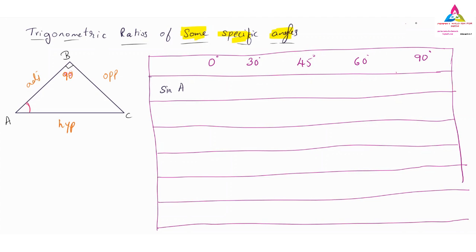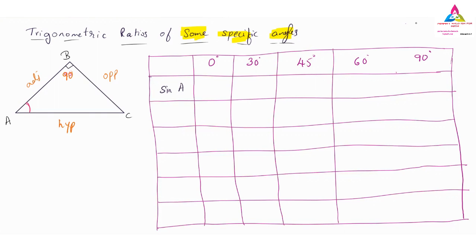Each function will have 5 angles. The first one is sine 0, next sine 30, then sine 45, then sine 60, and last sine 90. So there is sine here, then it will come cos A, then tan A. Sometimes after tan, we will directly write cosecant.